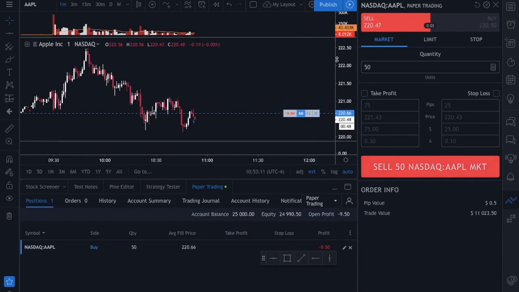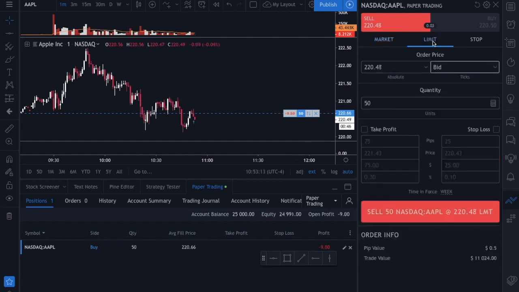So when you do a limit order, you click on limit, then you have to type in the price that you want to sell it for. So we'll type in 221 on here, and then you type in the number of shares. So I'm in the position for 50. So I want to sell the entire position. You can sell half your position, whatever, but we're going to do 50 shares, and then I'm going to click sell.